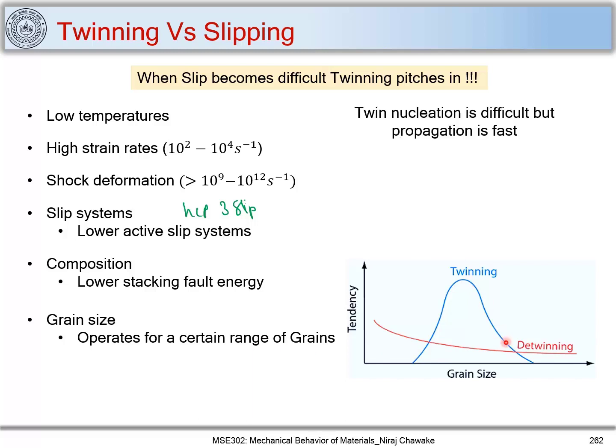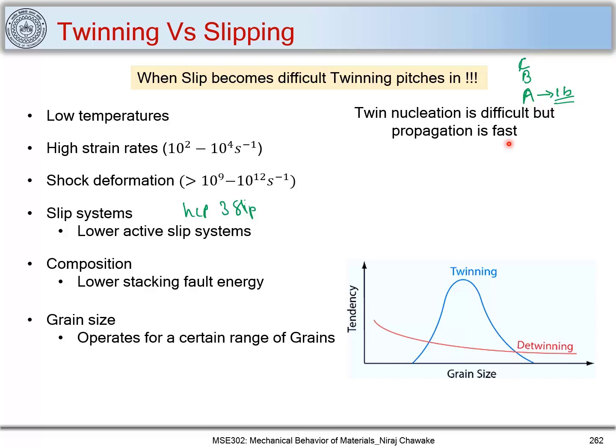Now let's understand some of the important points about twins. Twin nucleation is difficult, but propagation is fast. What do I mean by that? Let me write it down here. When we talked about these three stackings A, B, C, A moves by 1 unit of B, and this initiation is somewhat difficult.